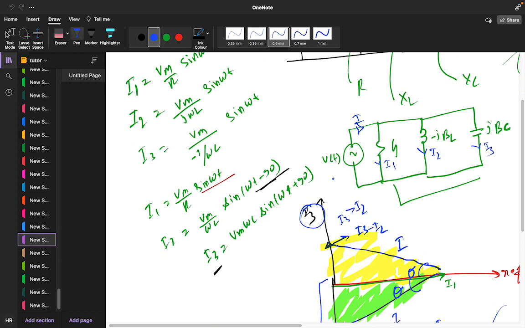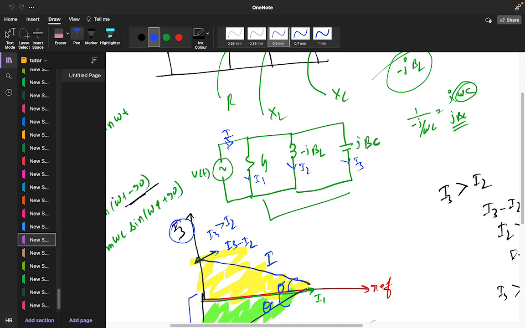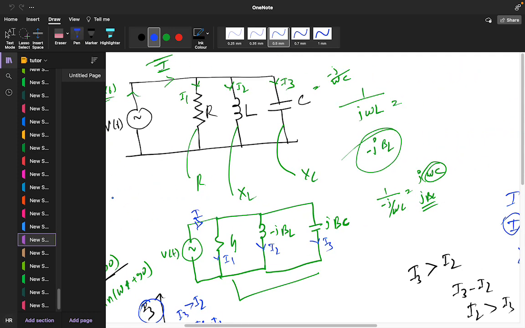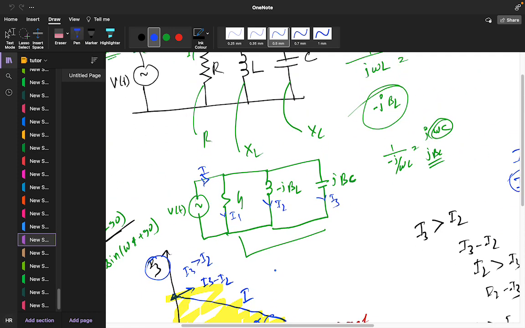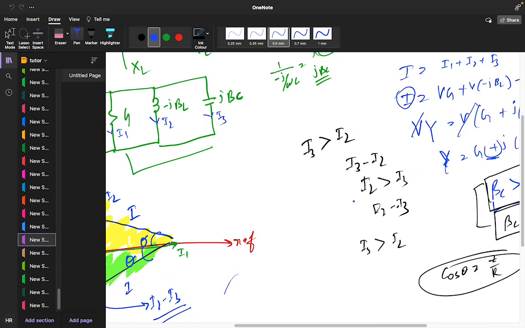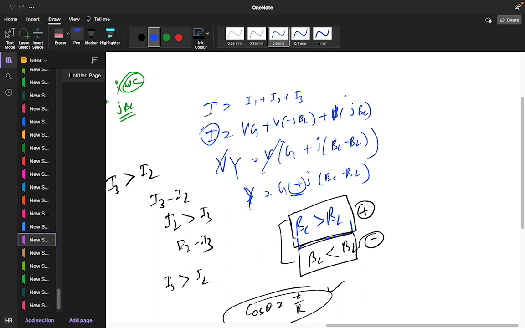So what we are getting in this is: our I is your resistance part IR, plus j, and this is your IC current minus IL current.